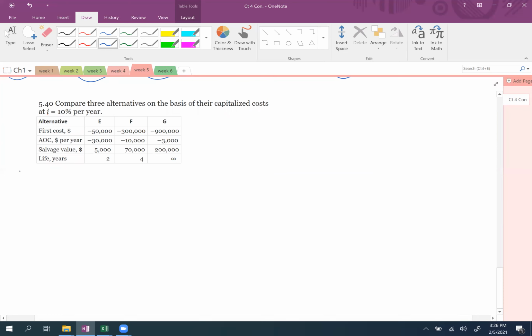So the LCM of 2, 4, and infinity is going to be equal to infinity. Therefore, if I want to use present worth analysis, I can simply say capitalized cost is equal to A over i. So I can start doing the calculation.